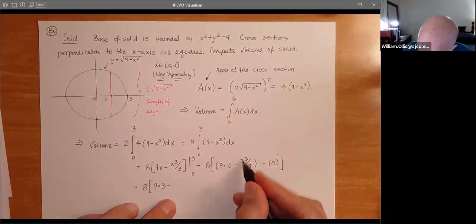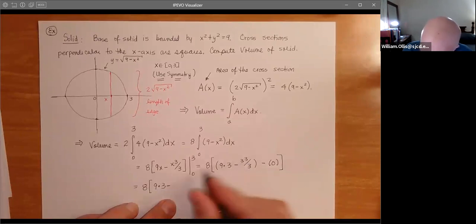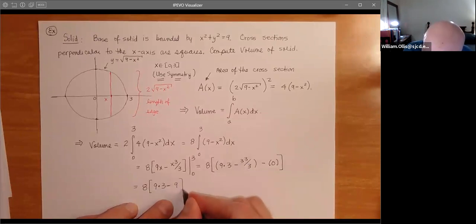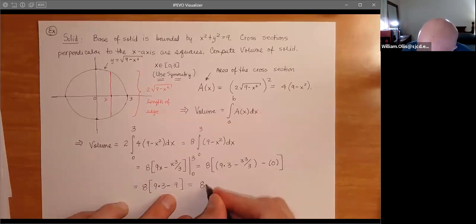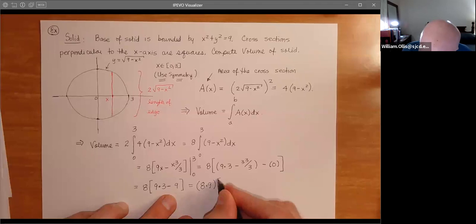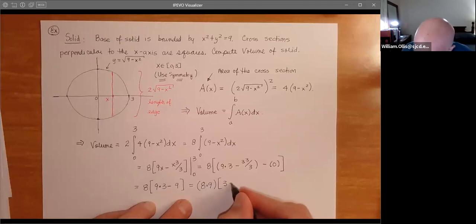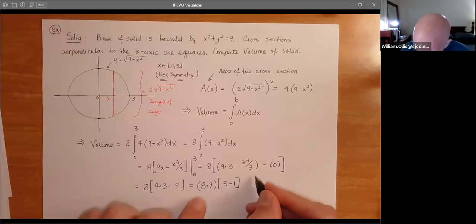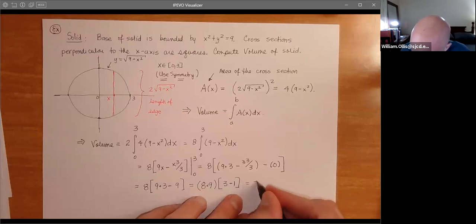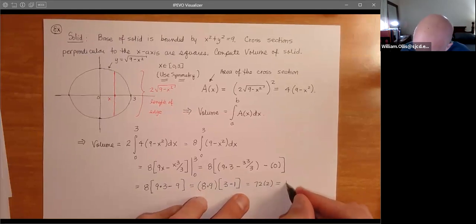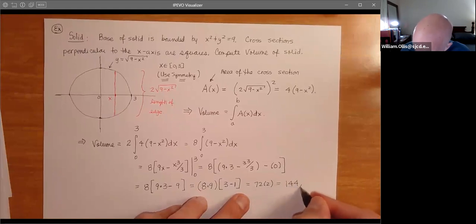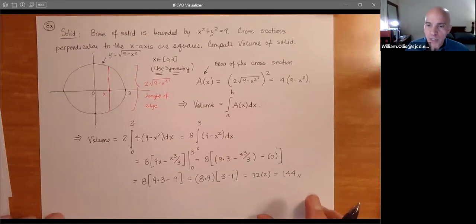And then, of course, here, this is just a 27 over 3. That's also a 9. So this gives us, factor the 9, 8 times 9. And that's a 3 minus a 1. So that'll be a 72 times a 2, which gives us 144. So this arithmetic was a lot easier than the last one.